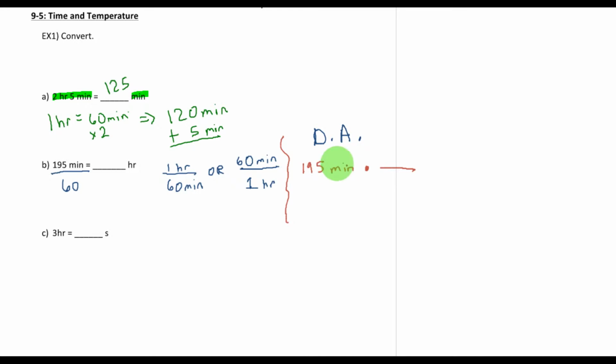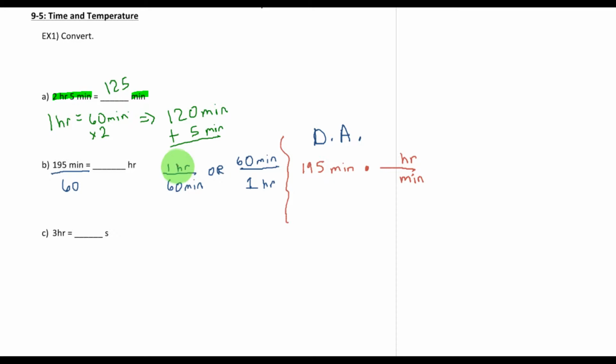The only way I can cancel this out is if minutes, the same set of units, appear in the denominator of the conversion factor that you're multiplying by. Well, which conversion factor has minutes in the denominator? This one does. And it tells us, let's plug the other set of units, hours, on top.